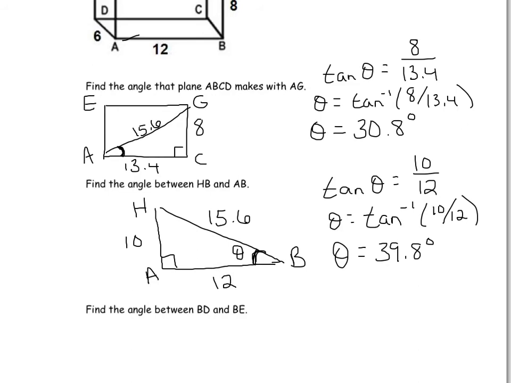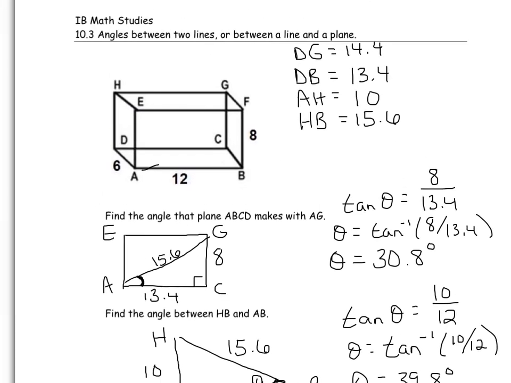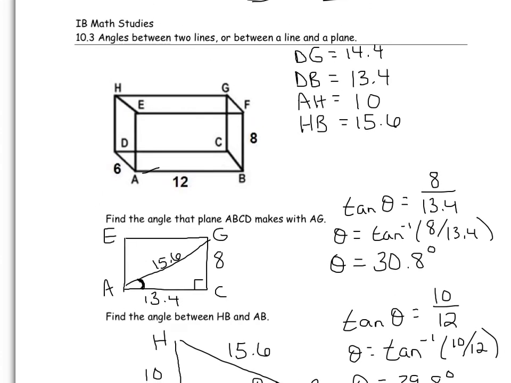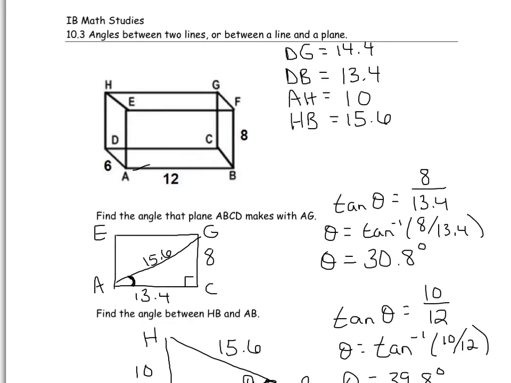The next one, BD and BE. So let's see if we can find out where those are. BD is that length right there. And I said BD and what was the other part?